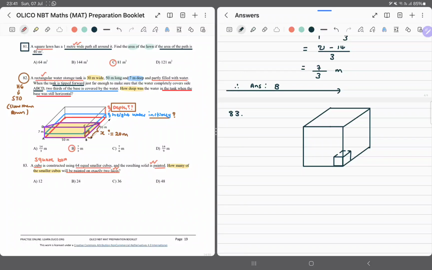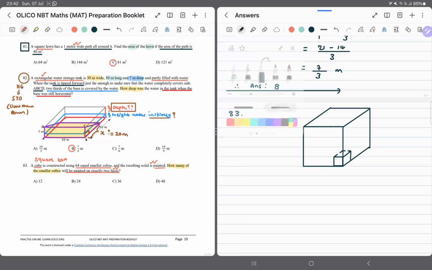So this is what we need to understand and appreciate. Now, the story is saying we need to find the number of cubes that can be painted on 2 faces.